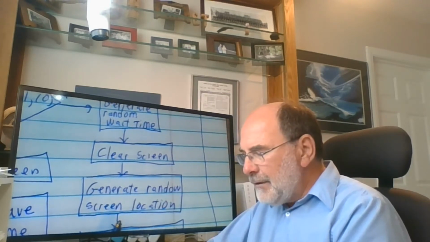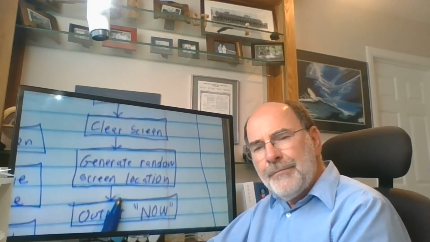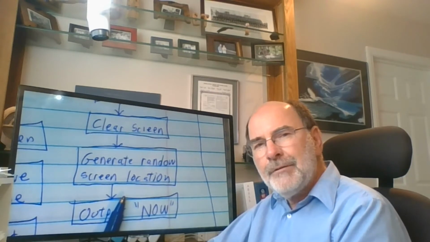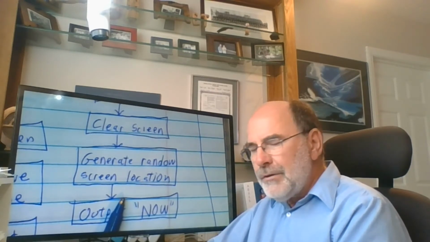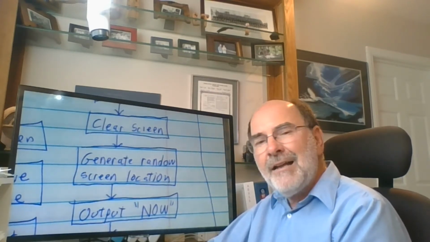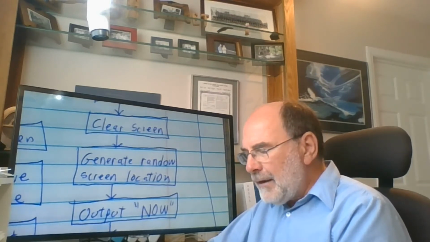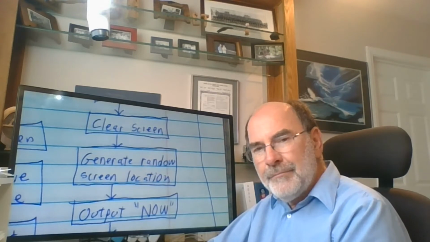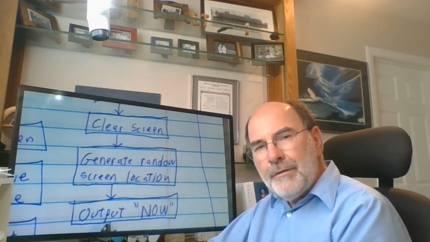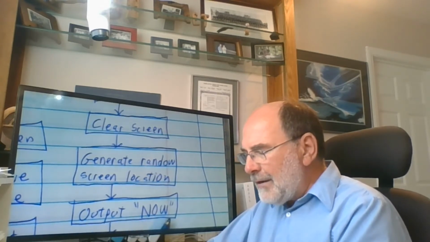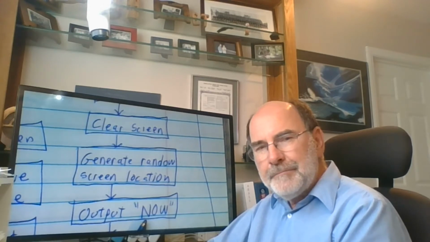Clear the screen. And I chose to have a message appear at some random location on the screen. So knowing that there's 16 columns on a TI-82 and 8 rows on a TI-82, I had to randomly pick some coordinates that would allow a 3-letter message to be printed.